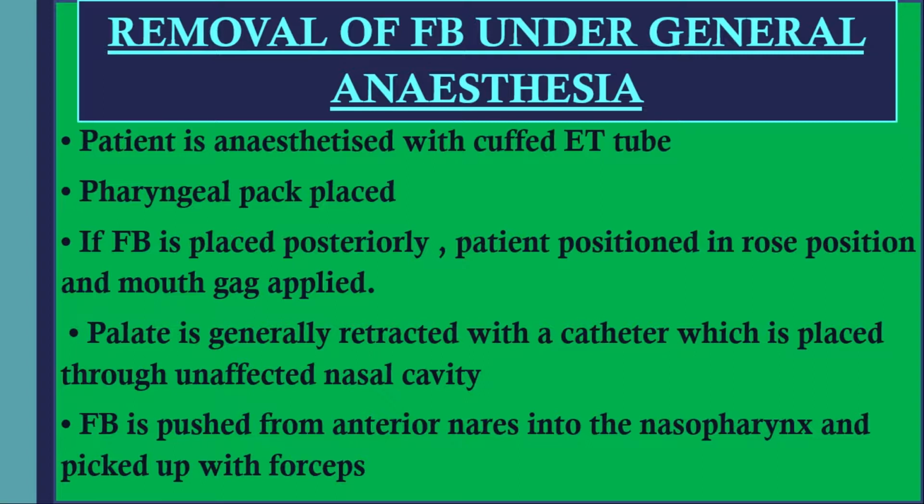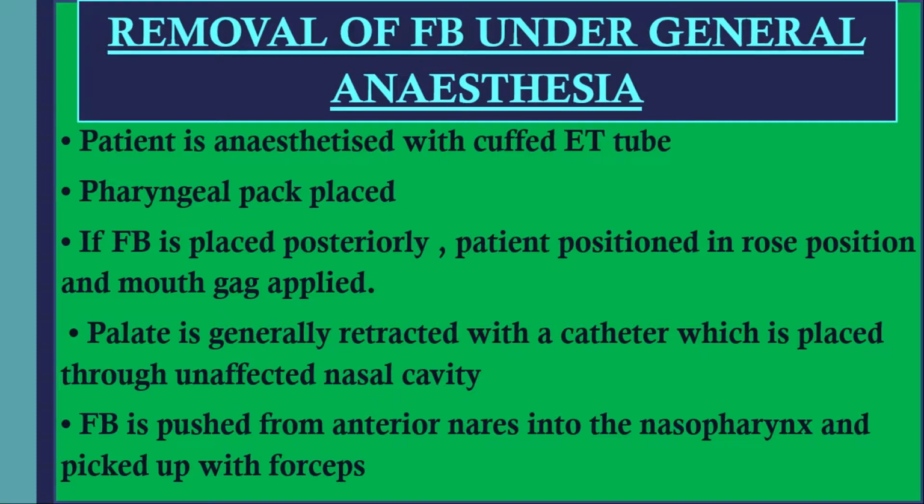Now, how do we remove the foreign body under general anesthetic? The patient is anesthetized with a cuffed endotracheal tube, and a pharyngeal pack is placed. If the foreign body is placed posteriorly, the patient is positioned in Rose position and a mouth gag applied.